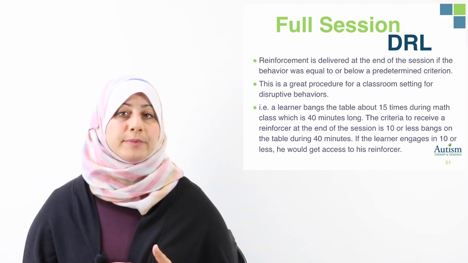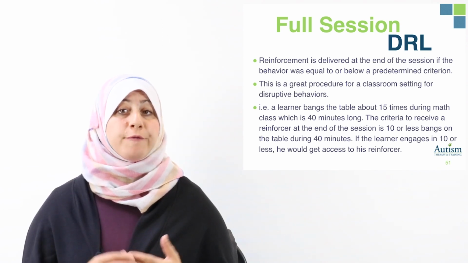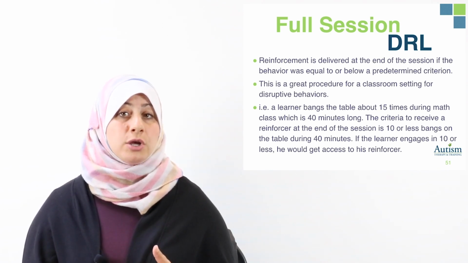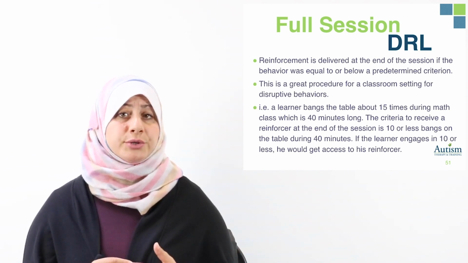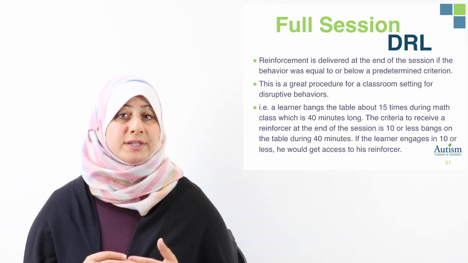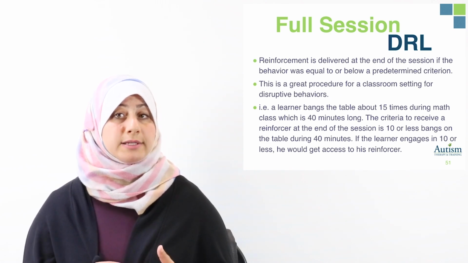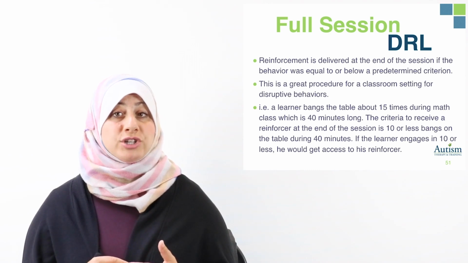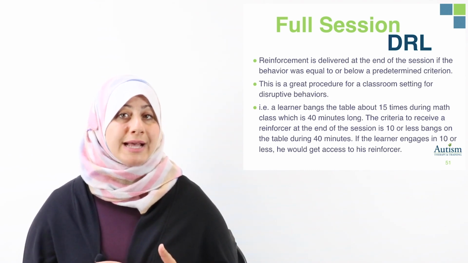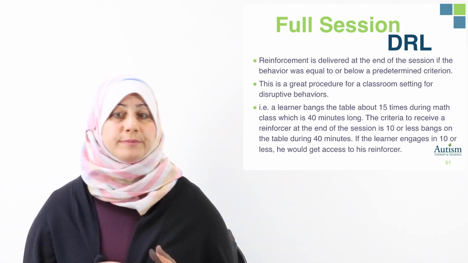For example, a learner bangs the table about 15 times during math class, which is a 40-minute long class. The criteria to receive a reinforcer at the end of the session is 10 or less bangs on the table during that 40 minutes. If the learner engages in 10 or less, he would get access to the reinforcer.